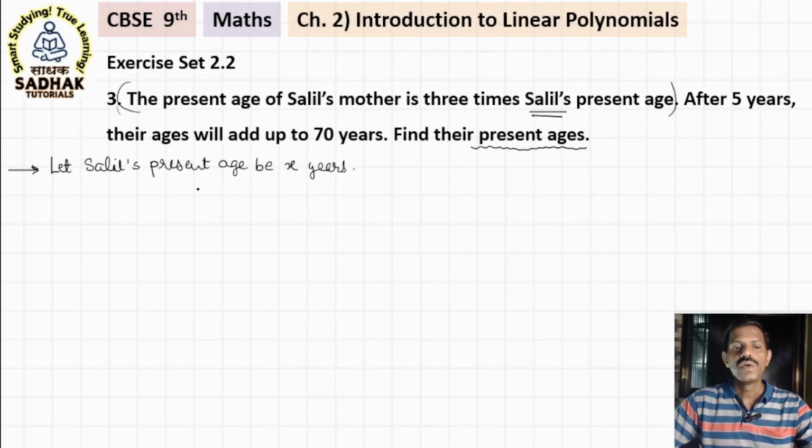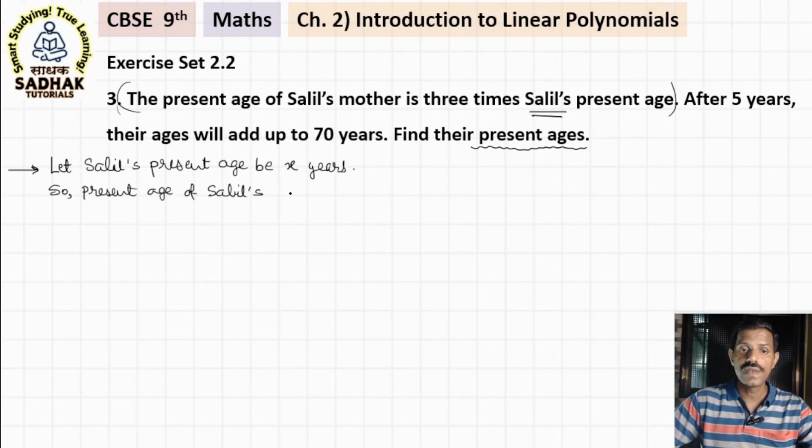Okay. So if Salil's present age is x years, then the present age of Salil's mother is 3 times of that. So 3 times means multiplied by 3. So x multiplied by 3 will be 3x. Okay. So the present age of Salil's mother will be 3 times of Salil's age, that is 3 times of x.